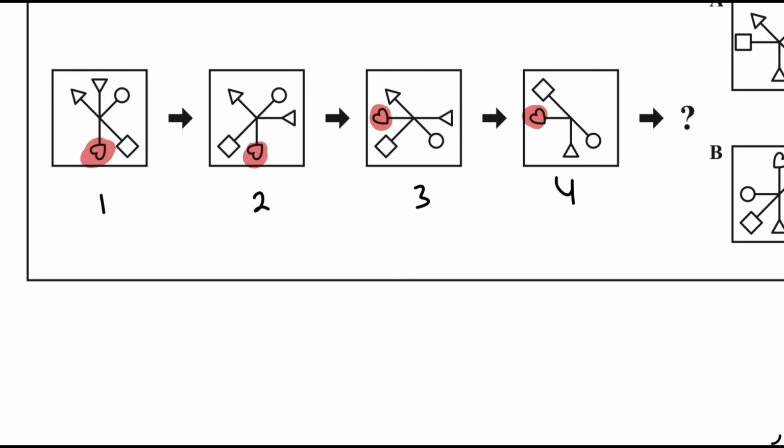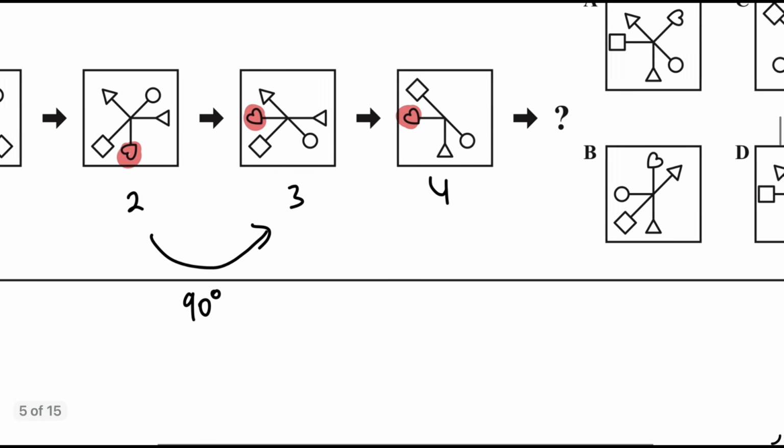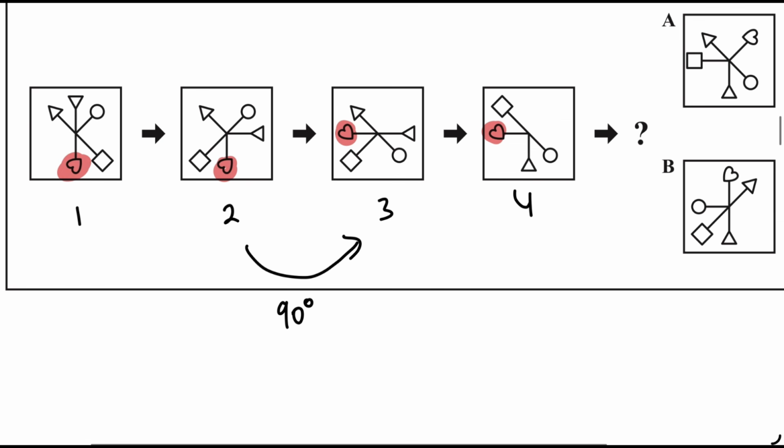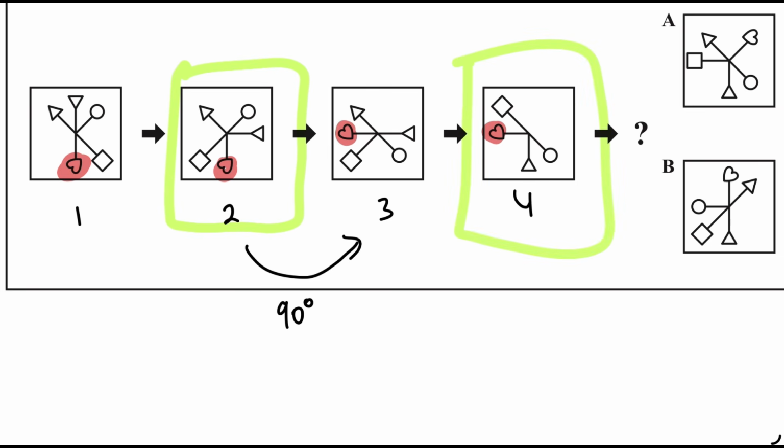When does it move clockwise 90 degrees? When it's at the second position. So it moves clockwise 90 degrees when it's going from 2 to 3. Now, look here, it stays the same from 3 to 4. But if you notice, every second position, that's when it starts to change.